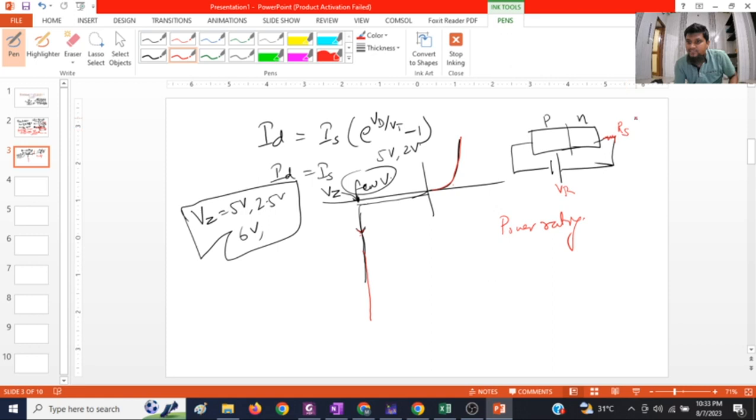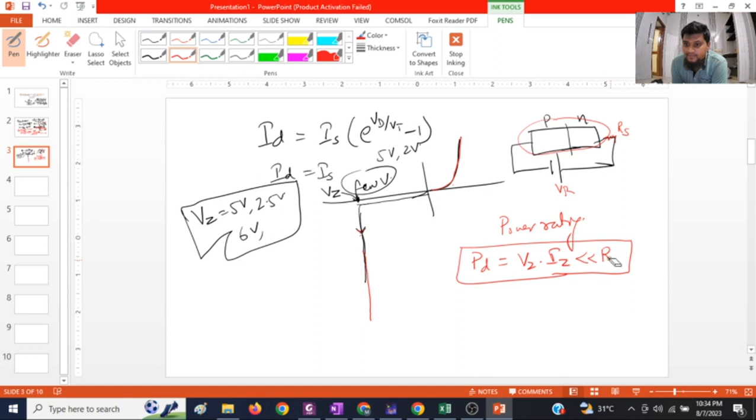So the power dissipated inside the Zener diode will be equal to Vz into Iz. This power dissipation should be less than or equal to the rated power of the Zener diode. Each Zener diode comes with this rating: what is the maximum power that it can handle?